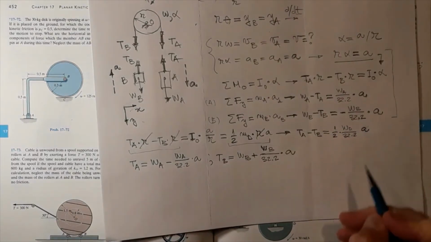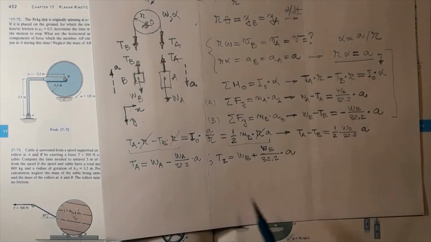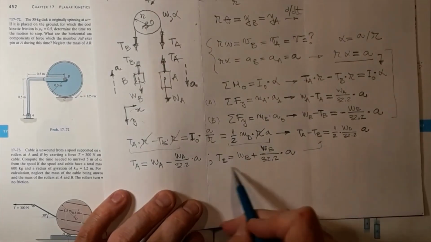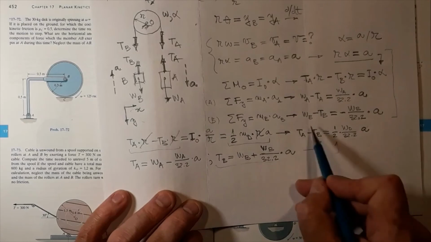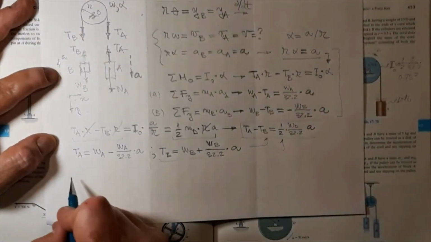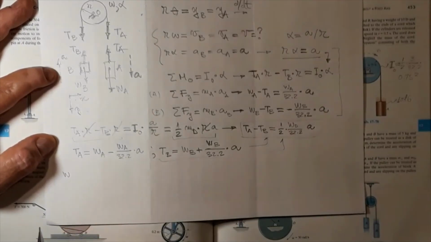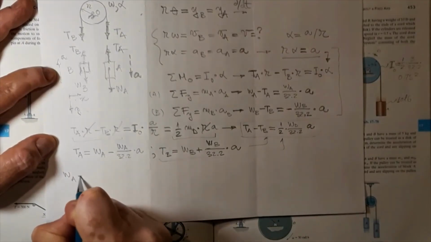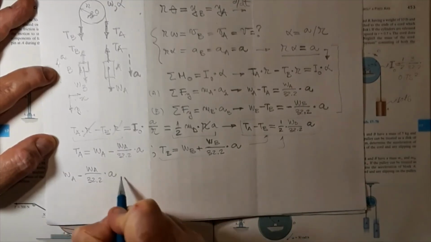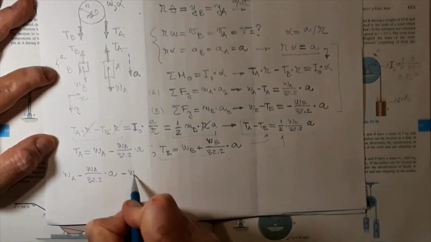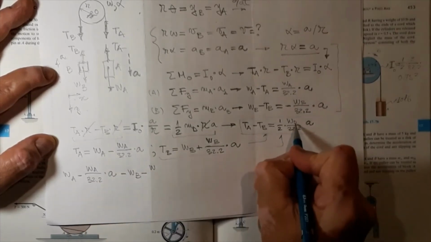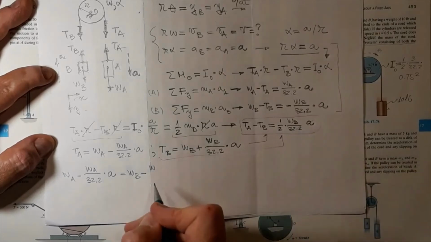Okay. And then these two substituted in the equation that I'm just boxing gets us WA minus WA over 32.2 times A minus WB minus WB, this is D, WB.